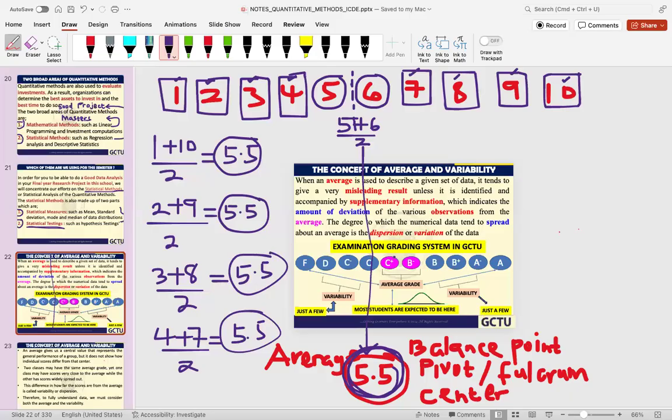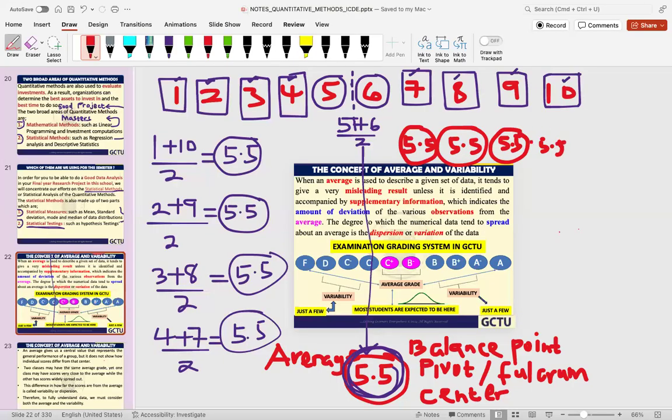So at the end of the day, the 1 to 10 you are seeing, if we are rewriting it, 1 can represent 5.5. 2 can also represent 5.5. 3 can also represent 5.5 because it has balanced. 4 can also represent 5.5.